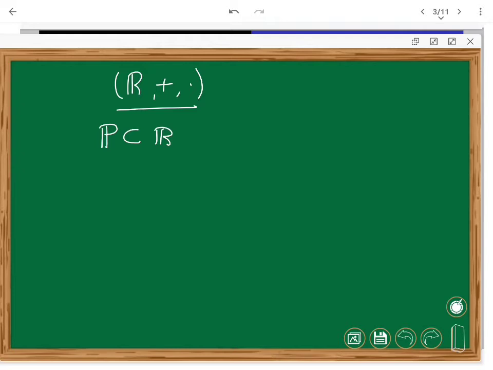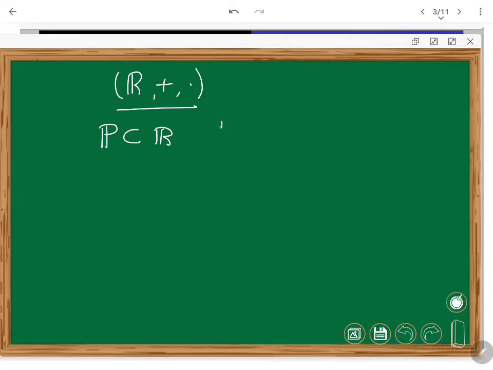So what are the crucial properties for P? P is a non-empty subset of R which satisfies the following. First one, if you are taking 2 elements from this set, that has to be compatible with addition, that is, a plus b is again going to be inside P. It never escapes from P. 2 members from P added together again remain inside P. Secondly, it's also compatible with multiplication.